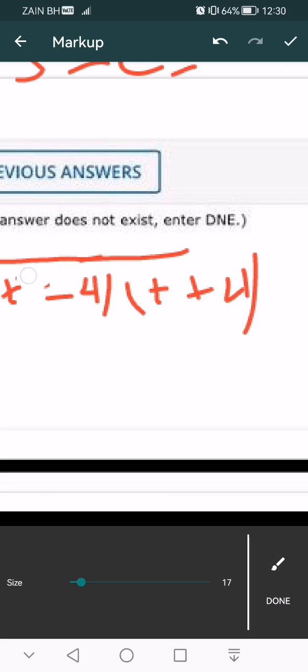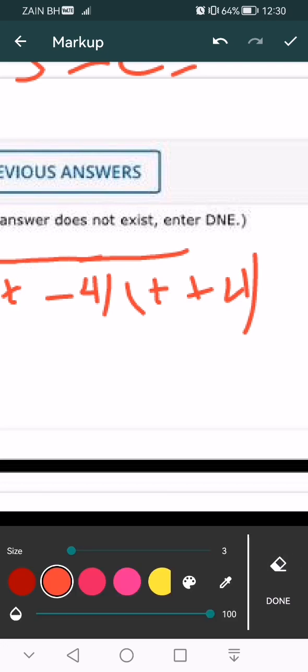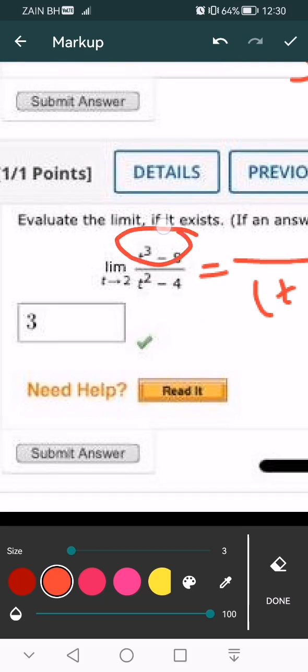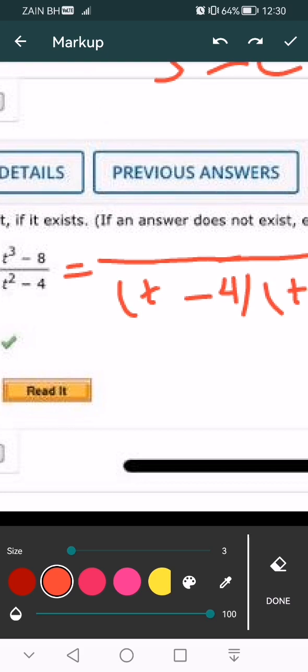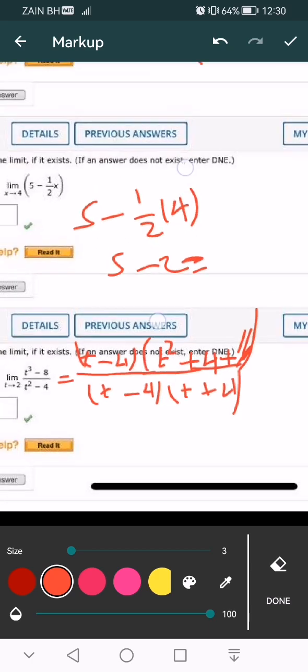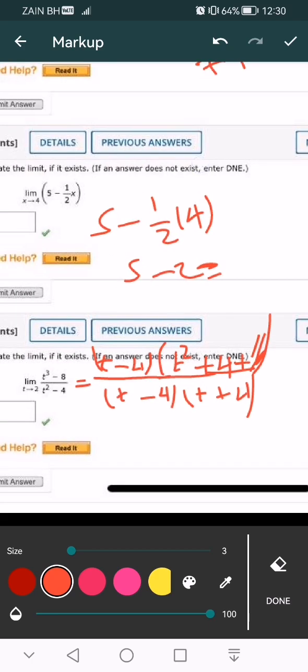I changed the square. Okay, fine, this one fine. What I can do for this one, I can take t minus 4 and multiply it by t square plus 4 plus 16. Perfect square.